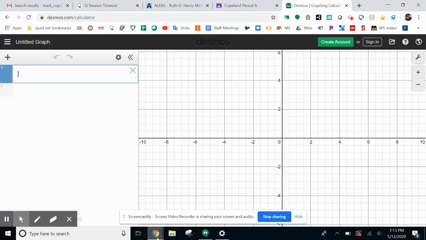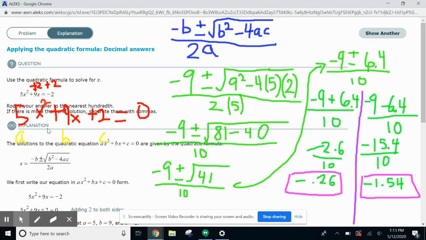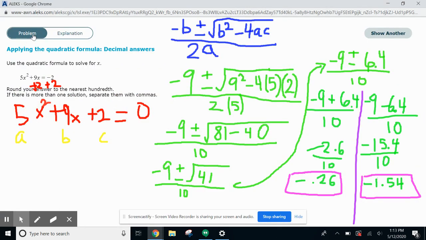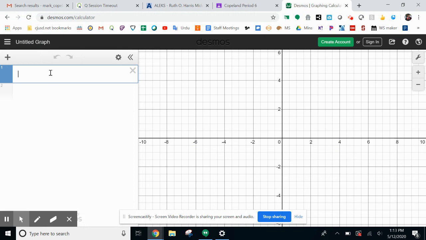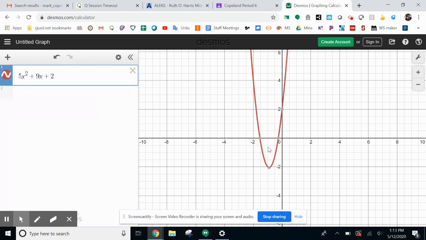And what I'm going to do is put in that equation. So we had 5x squared, this is hard to read, let's do that. 5x squared plus 9x plus 2. So over here I put in 5x squared plus 9x plus 2. Now we have this parabola, right? So we already knew that this is going to make a parabola on the graph, and you can see these different spots of where they connect.